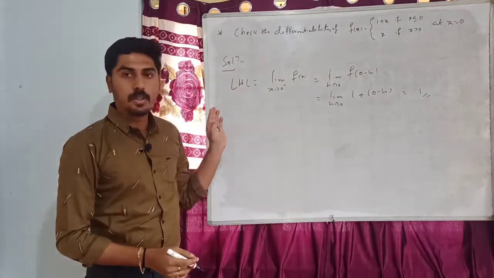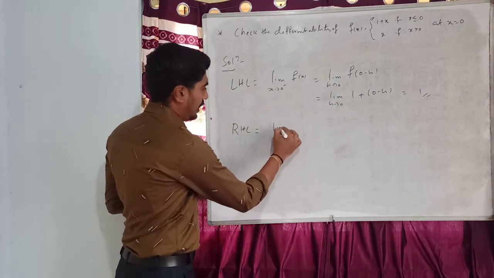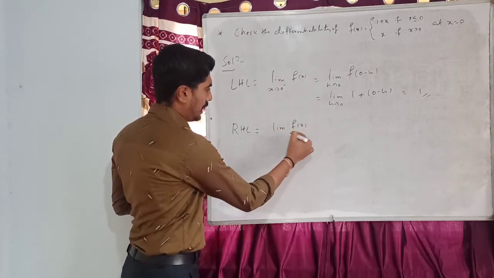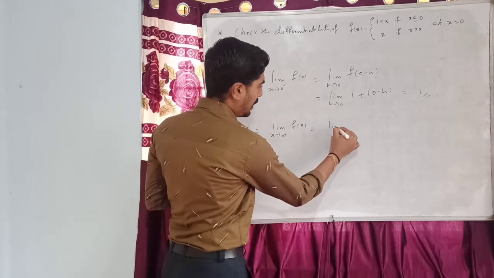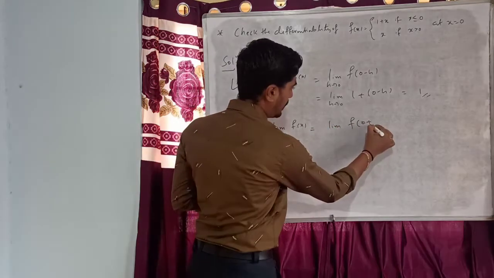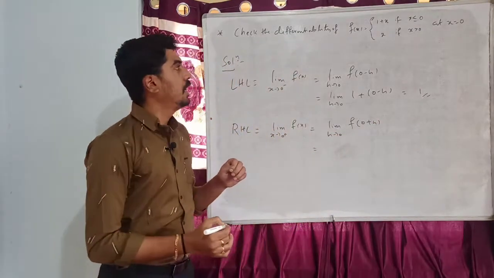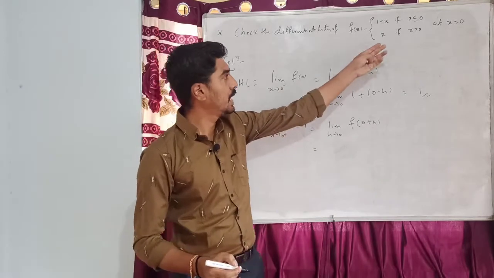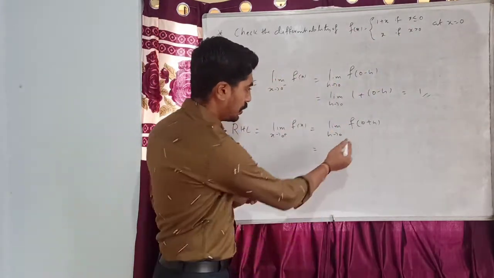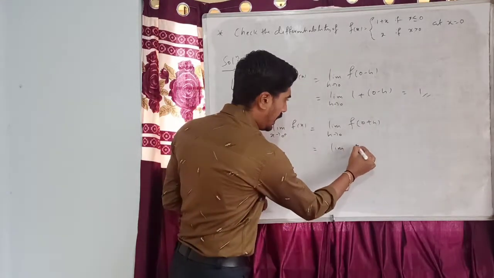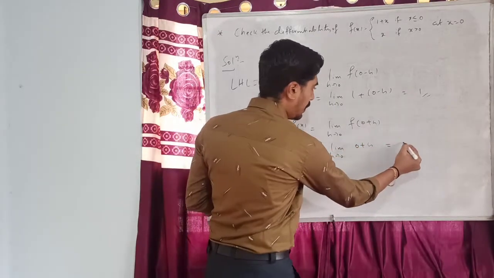Again, if I find the right hand limit, RHL, I get the limit of f of x as x tends to 0 plus, which is equal to the limit of f of 0 plus h as h tends to 0. By the definition of f of x, for any value greater than 0, the function is defined as x. So this will be equal to the limit of 0 plus h as h tends to 0, which is equal to 0.